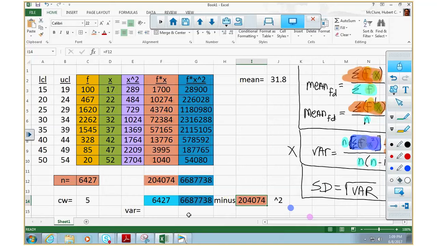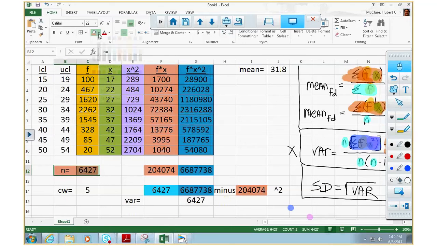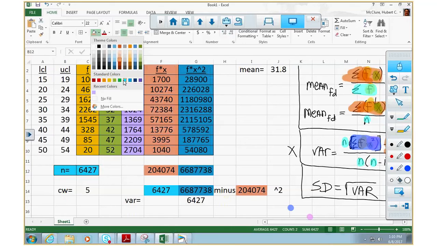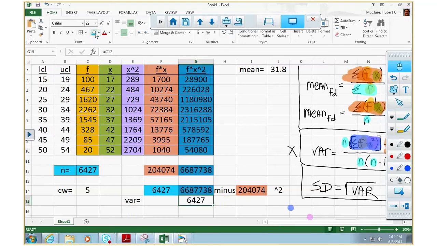squared over, I changed that to orange. How did I do that? Well, yep. That's supposed to be aqua. Aqua. And I'm not going to color this because you have to take the aqua and divide by what?